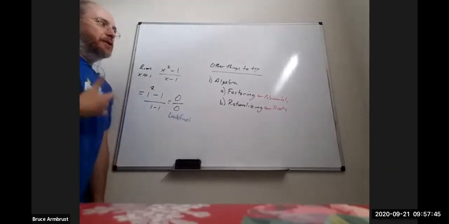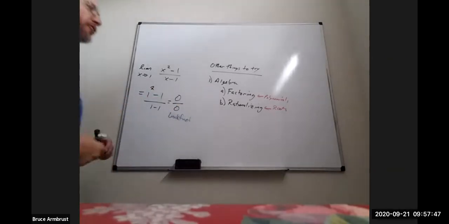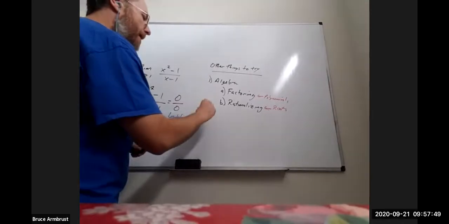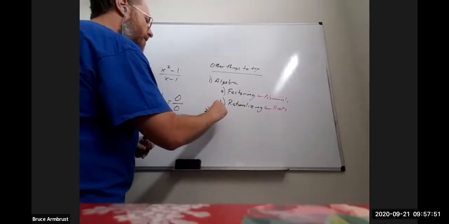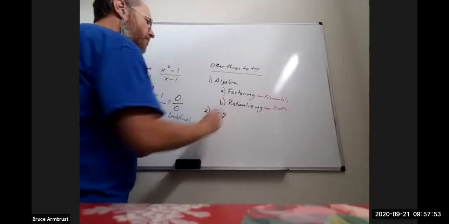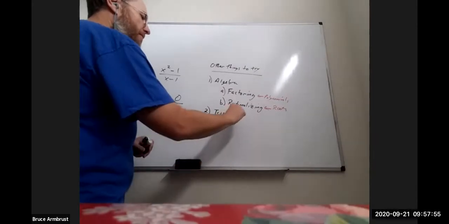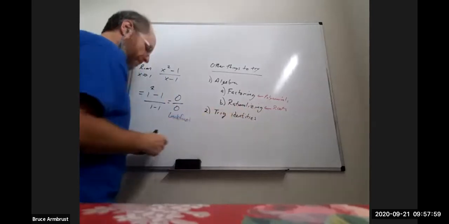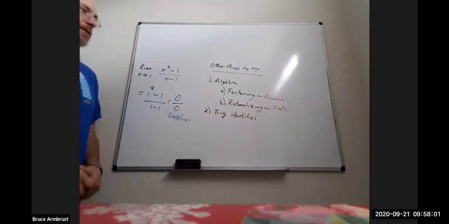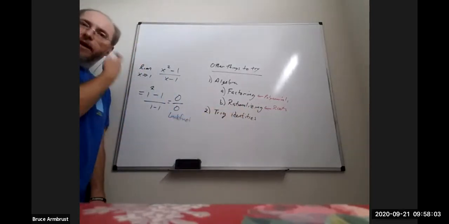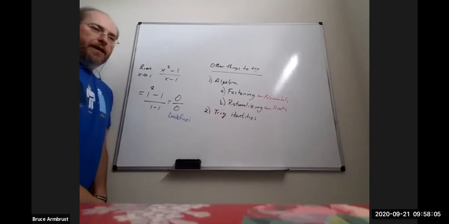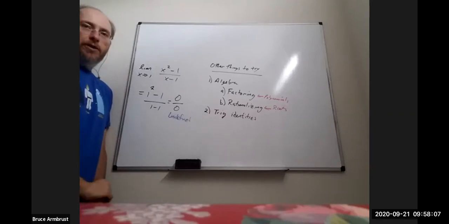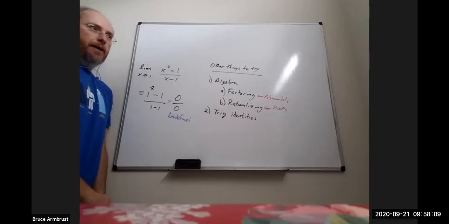Okay, so these are the two big algebra things that you can try. There's also trig stuff that you can try, specifically identities, because the trig identities combined with algebra can simplify it and sometimes get it into a form where you're going to be able to make it work.